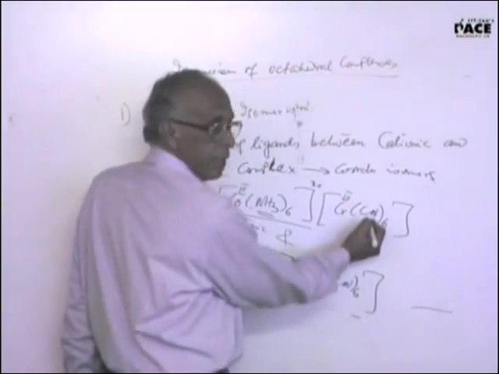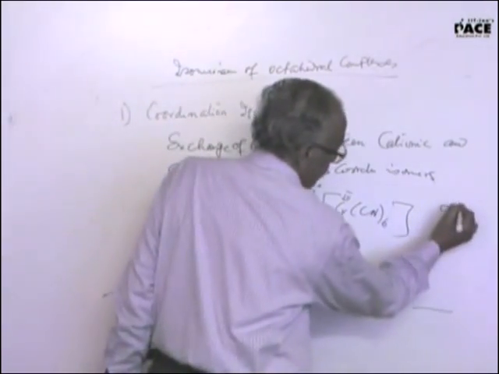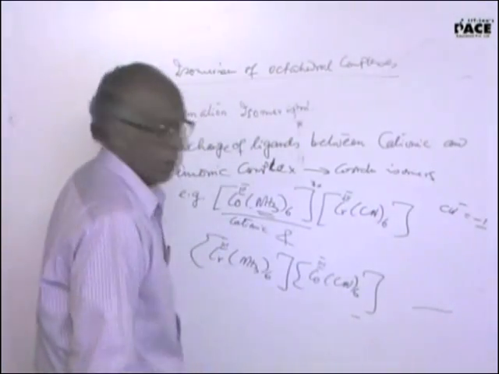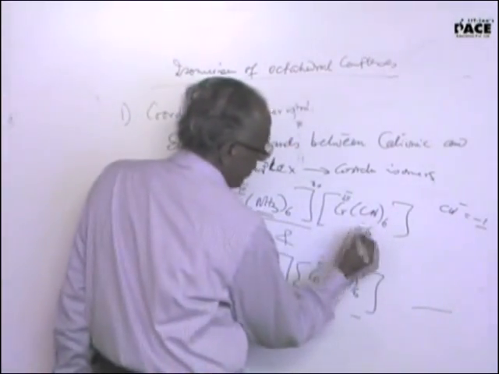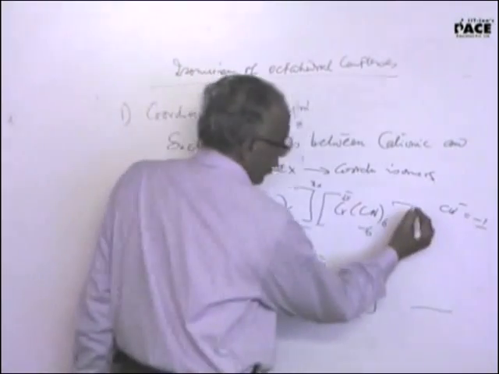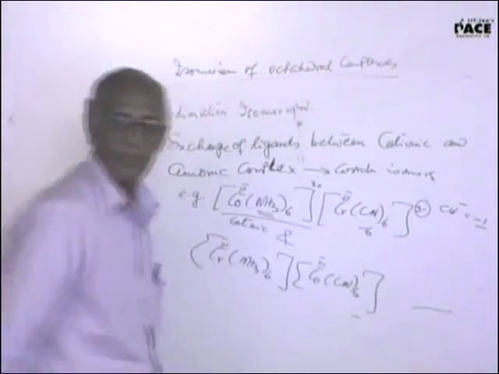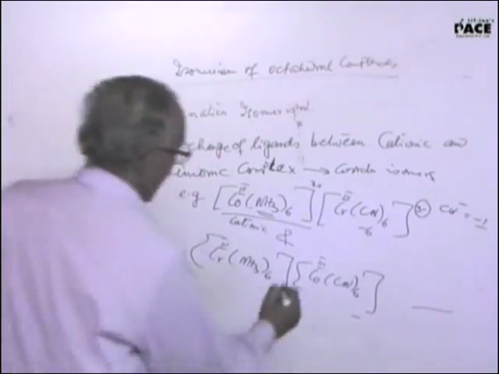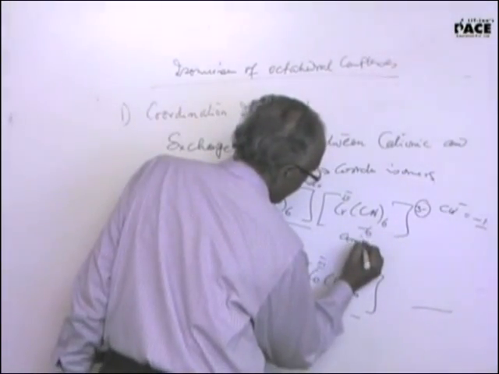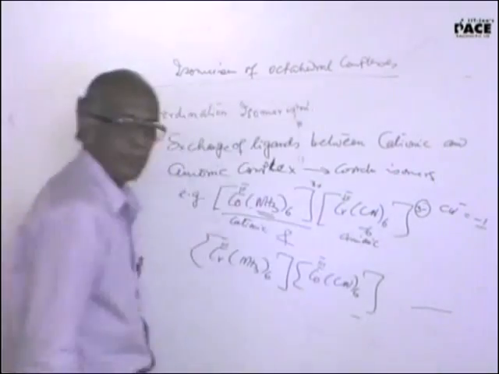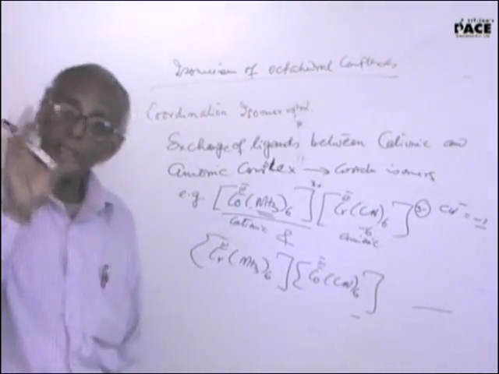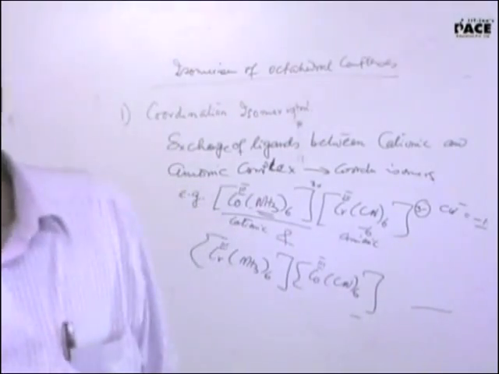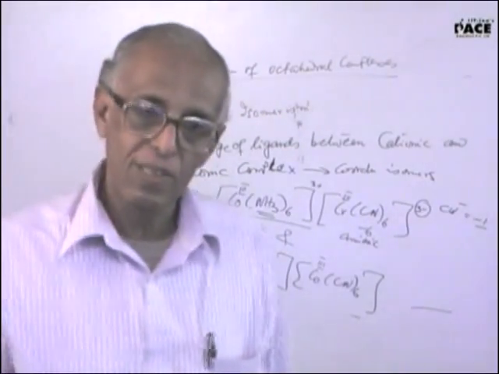Here, the cyanide has a negative charge of -1, so you have 6 negative and 3 positive, so you have 3 negative charge. So this was an anionic complex. Where the charge of the complex is negative, it is an anionic complex; where it is positive, it is a cationic complex.